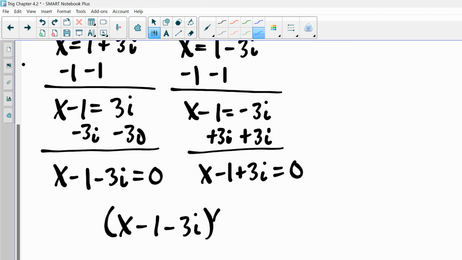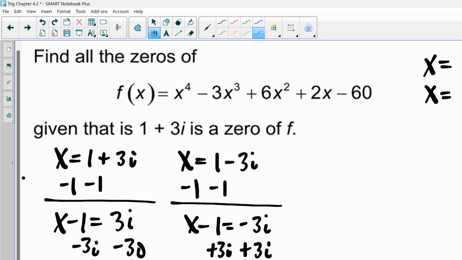At this point here, we would multiply them back together. And it kind of dawns on me, the reason we're doing all this is to find the expression that we can divide x to the 4th minus 3x cubed plus 6x squared plus 2x minus 60 by to reduce it.